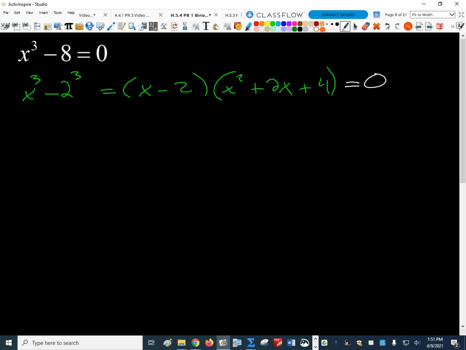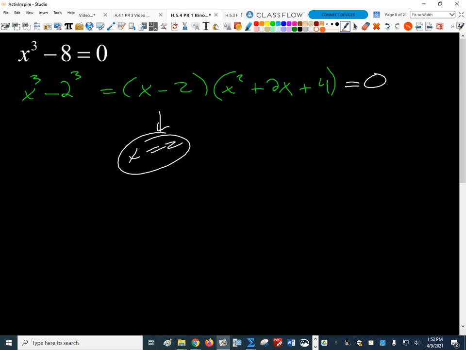And all of that is equal to 0. You see where we're going to get our other factors then? When we apply the zero product property, look what happens. We get x equals 2. There's our real zero. And the quadratic factor in these difference of cubes or sum of cubes patterns always ends up being an irreducible quadratic, meaning it's always going to give us imaginary zeros every time.